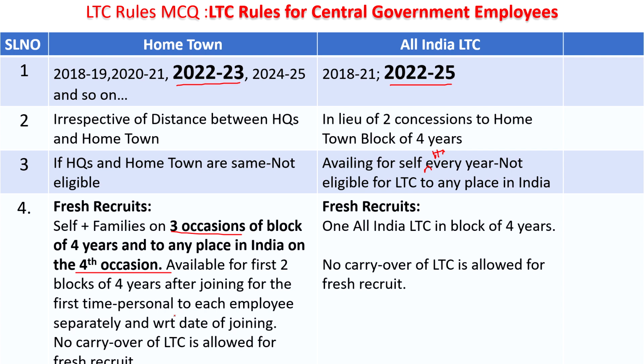And here you should understand that the first 2 blocks of 4 years will apply with reference to the initial date of joining. That means this facility is available for the first 2 blocks of 4 years after joining for the first time.